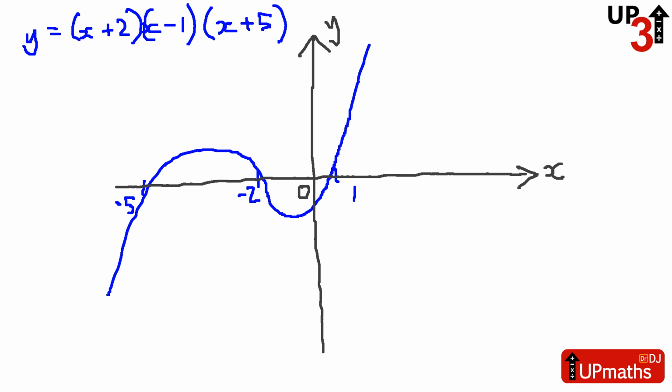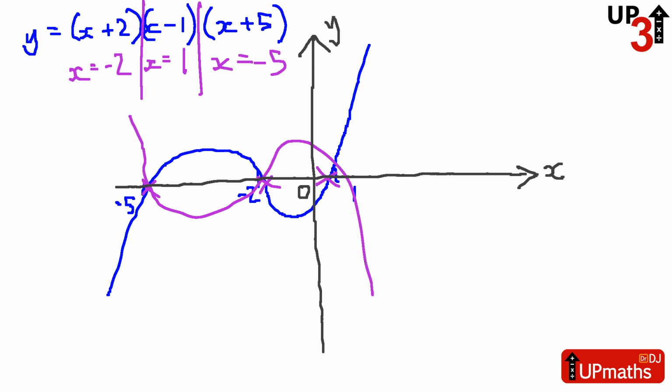Let's look at another graph. We can use the same method again. This time there are 3 things multiplied together, so there are 3 different ways that we could make y equal to 0, and they're all to do with the value of x. Oh, look, that's where those 3 points came from. How do we know that it looks like this? How do we know it doesn't look like this? There's loads of ways you could find out.